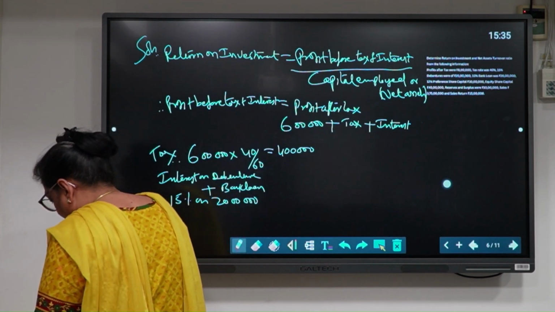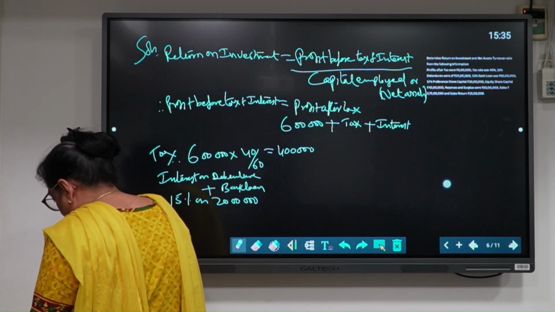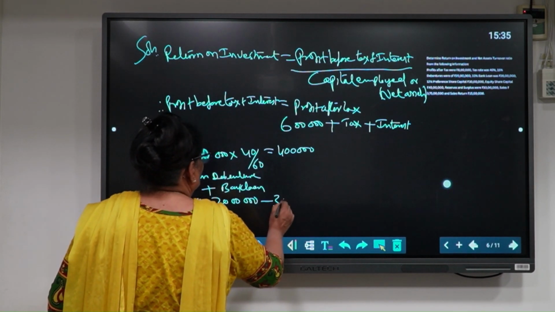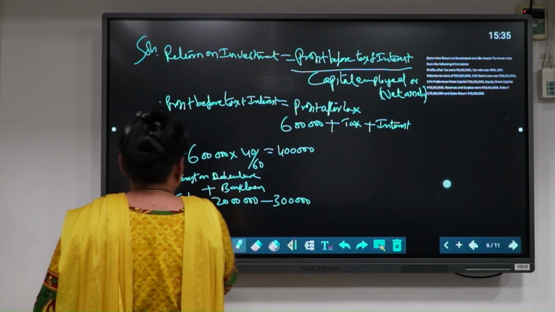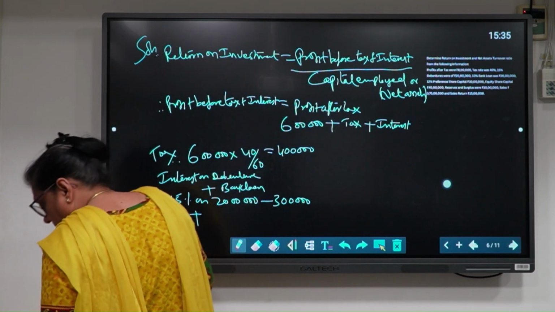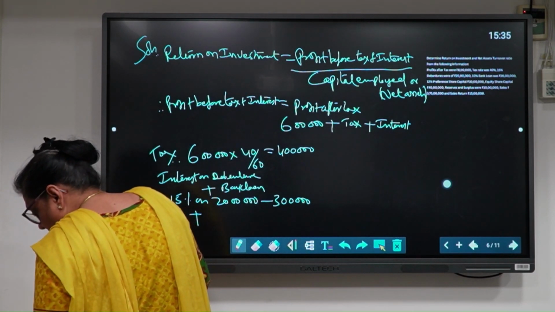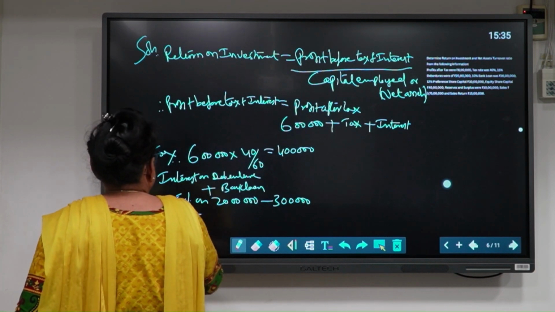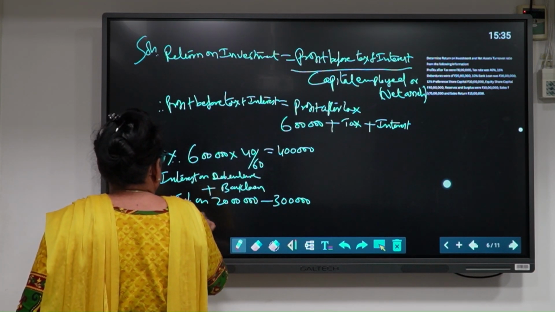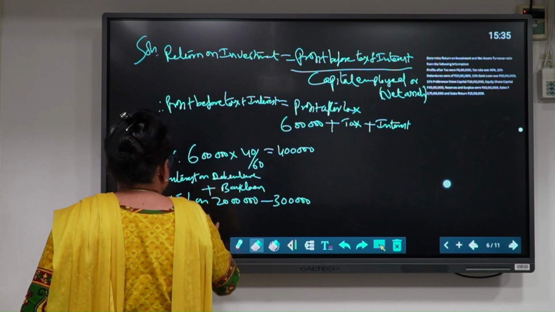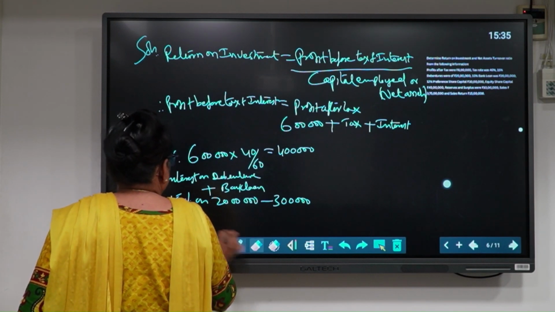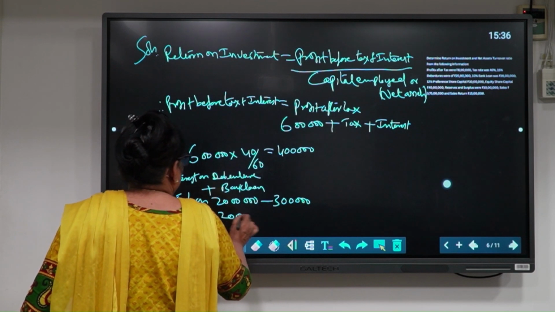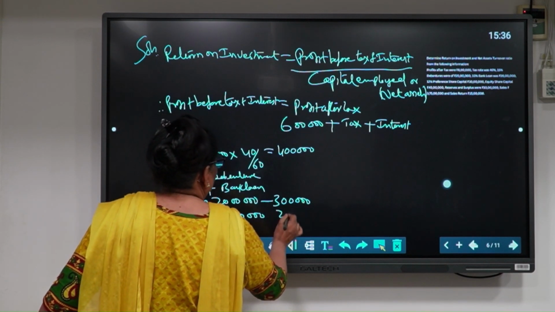So 15% into 20 lakhs, you get 3 lakhs here. Plus your bank loan: 10% on 20 lakhs. So you will get 2 lakhs.